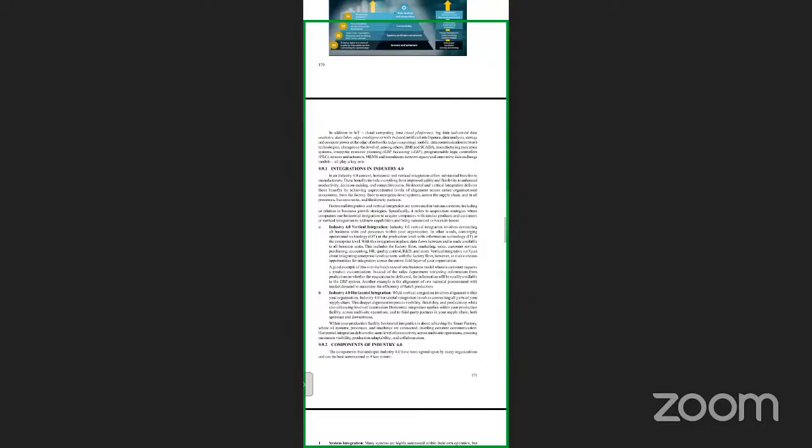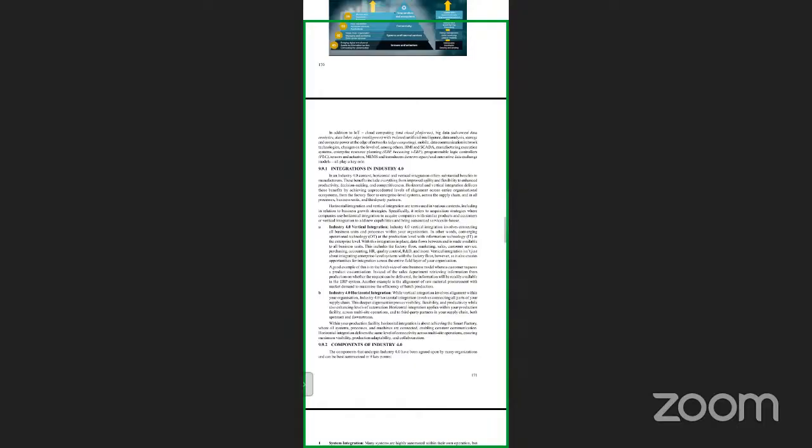First, vertical integration involves connecting all business units and processes within your organization, in other words, converging operational technology at the production level with information technology at the enterprise level. With this integration in place, data flows between and is available to all business units. This includes the factory floor, marketing, sales, customer service, purchasing, accounting, HR, quality control, R&D, and more.